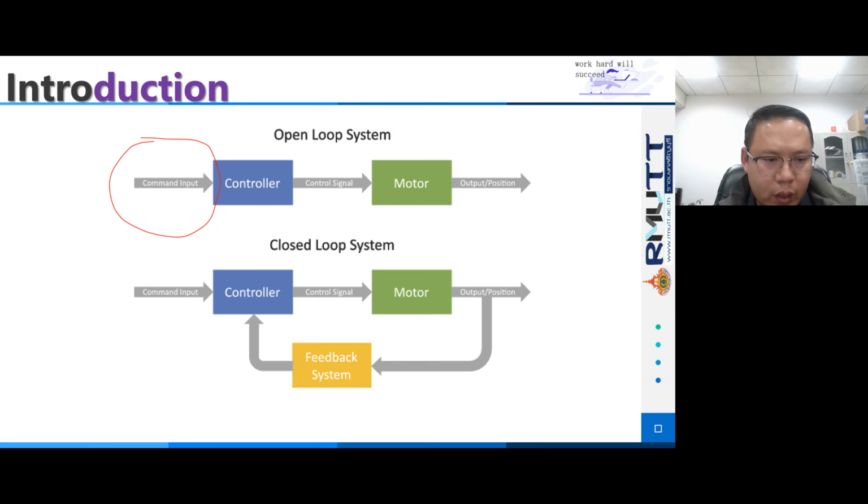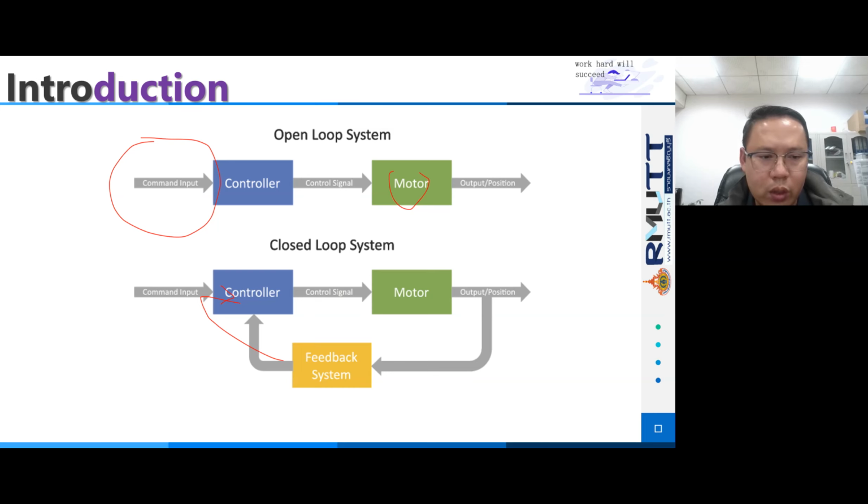The command signal goes to actuators such as a motor, reducer, encoder, and so on. If there are many errors, the feedback system gets a signal and sends the signal to the controller, calculated by a PID or PLC controller.